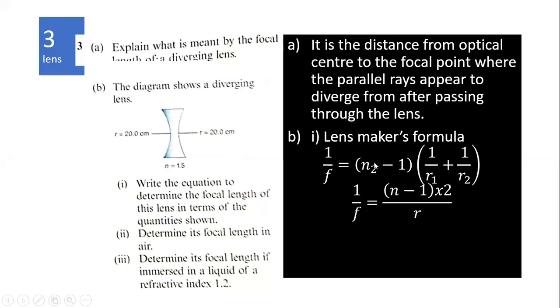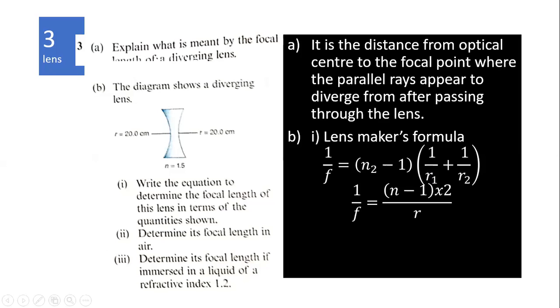Okay, 1 over f equals n2 minus n1, where n2 is your n, times 1 over R1 minus 1 over R2. One of them is 20, both sides 20. So I put it in terms of R. Both of them are the same, R. This is 2 over R. There's the equation. You can replace the R with 20 cm.